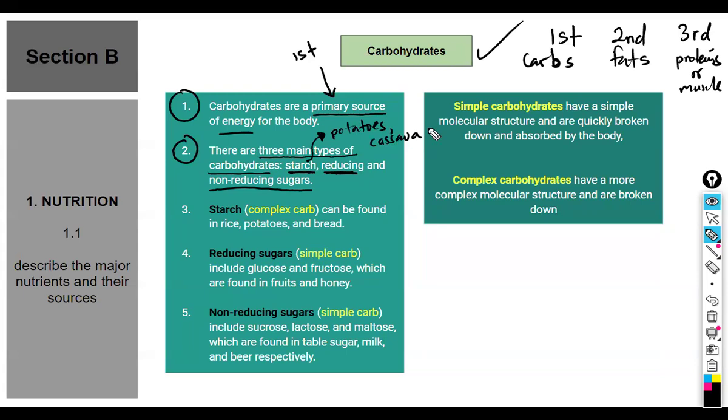Now, quick question. Since potatoes and cassava are considered to be starchy foods, and starchy foods are a type of carbohydrates, I have two questions. Can you eat a potato raw, or can you eat a cassava raw? Can you just go in the garden, pick up a potato, throw it in your mouth and start to eat it?